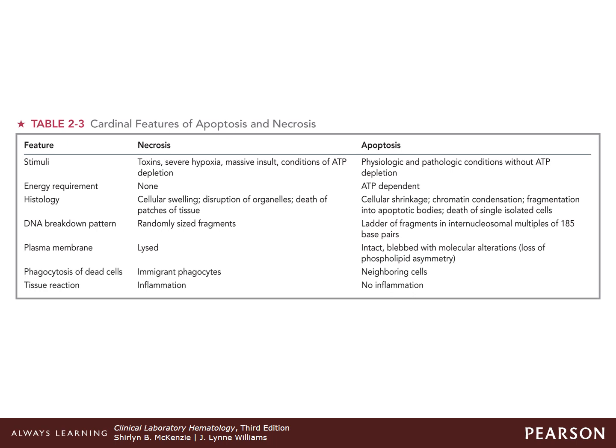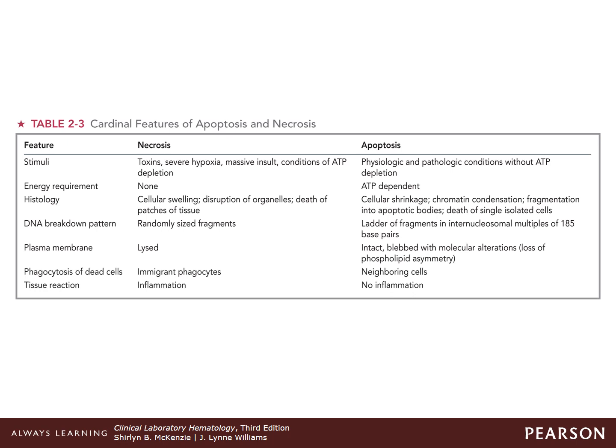Let's look at Table 2.3, which will help you determine the differences in the way cells die, either through necrosis or apoptosis. So usually the result for necrosis is an external stimulus, like toxins or massive insult or injury, where apoptosis is usually a physiological condition that doesn't need to occur with energy.